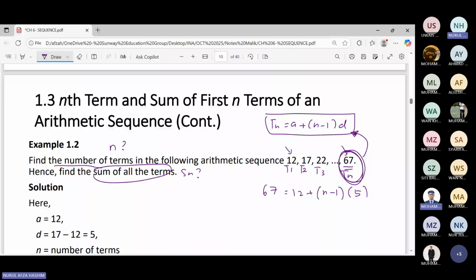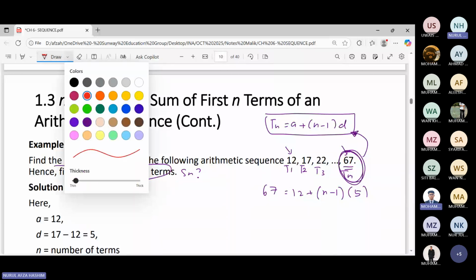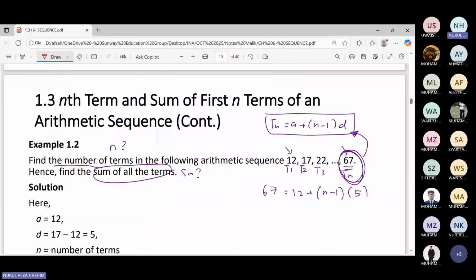How you use algebra? Expand dulu tak? You can expand, but for me, why you are wasting your time? You can straight away. This is positive, right? You cross over, you're going to be negative. So 67 minus 12. How much you going to get? 55, right? So this n minus 1 multiplied by 5. This is multiplication.